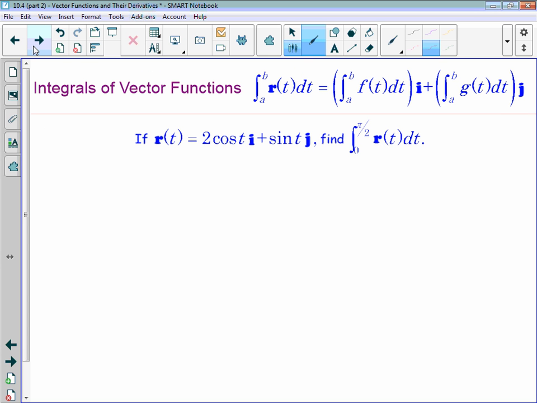Okay, next page you can probably even do on your own. Integrals of vector functions, just do the integral of each piece. Make sense? So I'm going to let you guys try it. We'll see if anyone gets the right answer here. And I'm going to start working out pieces up here, writing little pieces as you go. I just wrote equals.